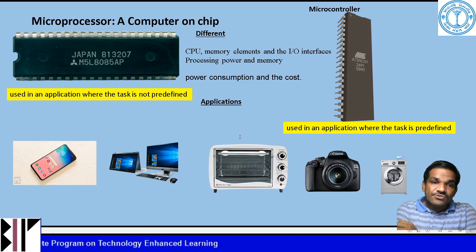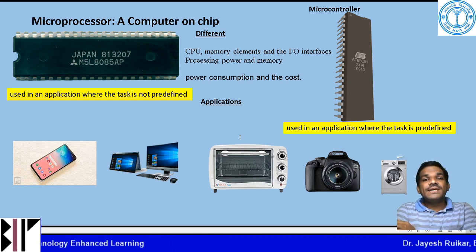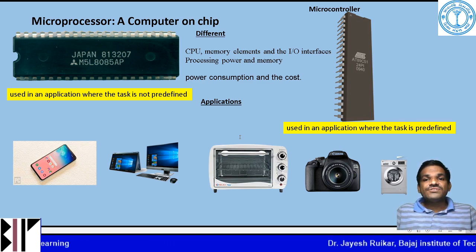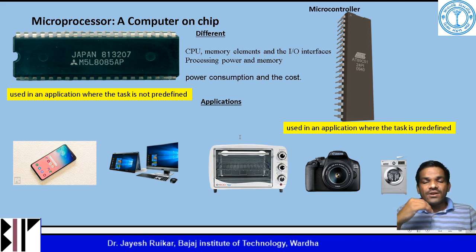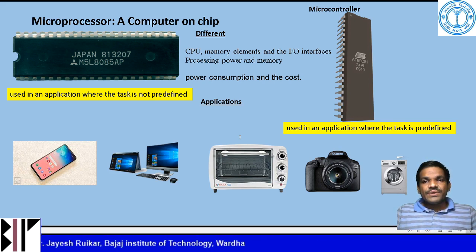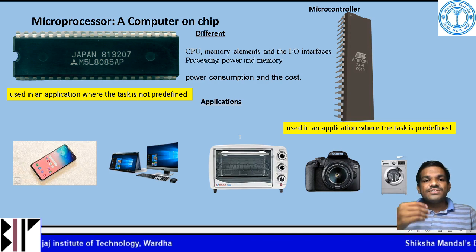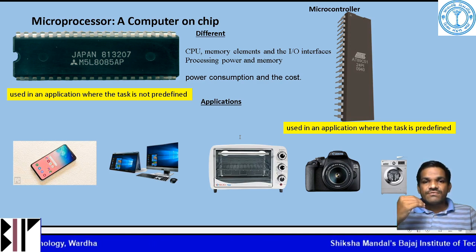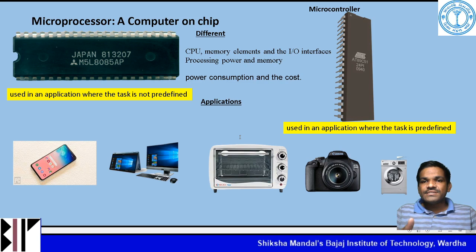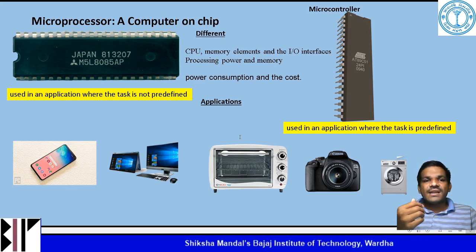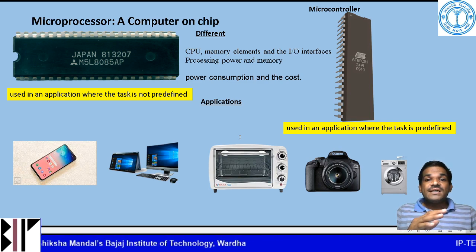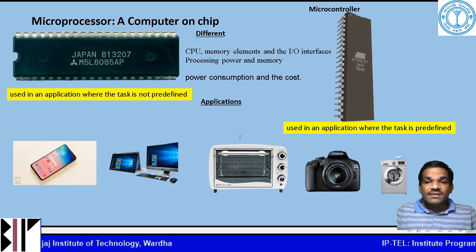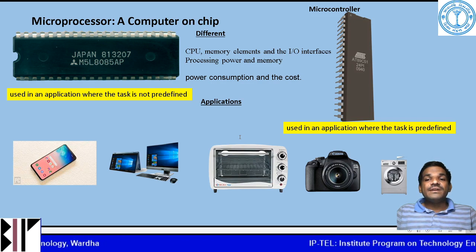and they are different in terms of power consumption also. When we talk about applications, the classical application of a microprocessor is a personal computer or a laptop. Using this laptop, you can do a lot of things: we can use it for gaming, web browsing, photo editing or creating documents, or we can use it for mathematical calculations or simulation, etc. The microprocessor is basically used in applications where the task is not predefined.